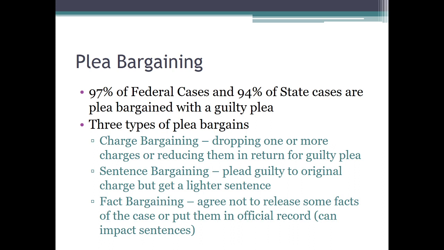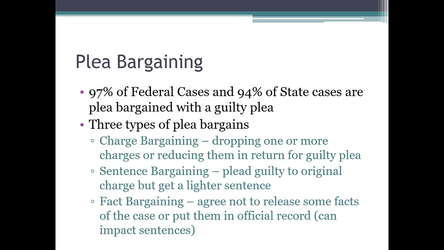Now, there's three broad categories of plea bargaining: charge bargaining, sentence bargaining, fact bargaining. So charge bargaining says, okay, plead guilty, we drop one or more of the charges or reduce them. So we'll reduce it from, say, first-degree burglary to second-degree burglary, or we'll reduce it from 5 felonies to 1.